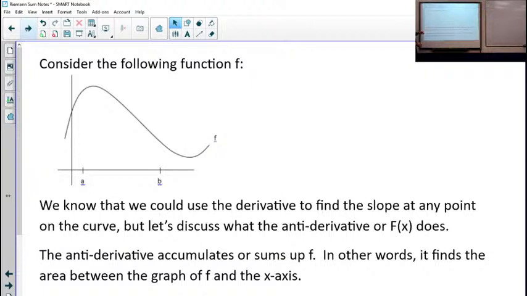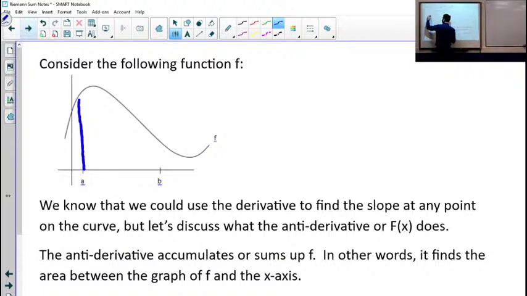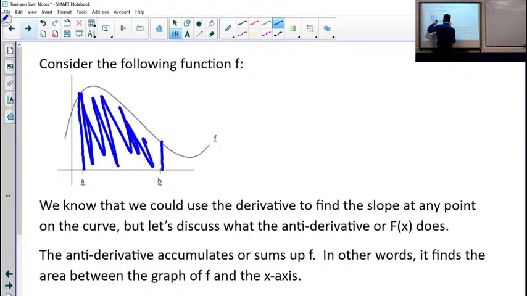Our goal is going to be to find this area between the curve and the x-axis. And we're trying to determine what this area is. So that's what the antiderivative is going to tell us.